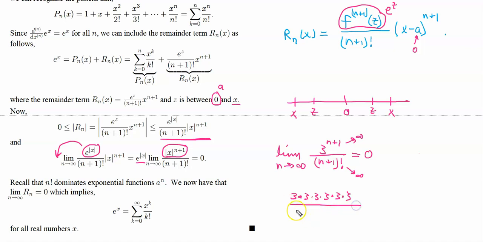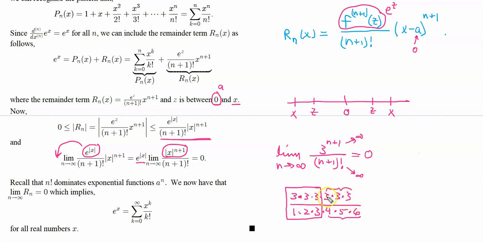Then in the denominator we would have, okay, now notice that these terms here, think of them as being a fixed constant. And then once n gets larger than 3, you see these numbers in the denominator keep growing. They keep getting larger and larger and larger. But these numbers up here in the numerator do not. They stay fixed at 3.